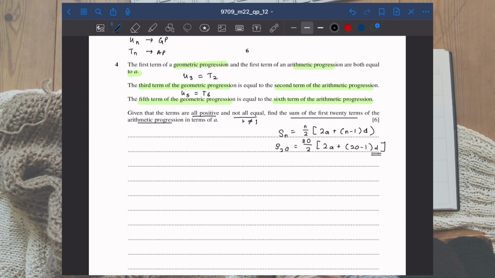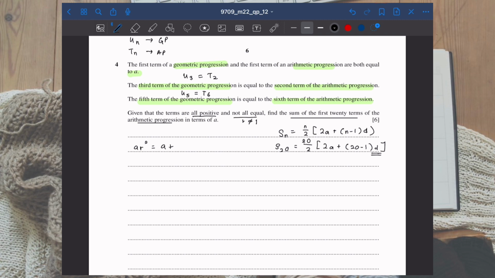So let's try to use the information we have. So we have U3 equals T2. So our third term of a geometric progression will be a times r to the power of n minus 1, so 3 minus 1 is 2, equals T2. So that will be a plus (n minus 1) of the difference.